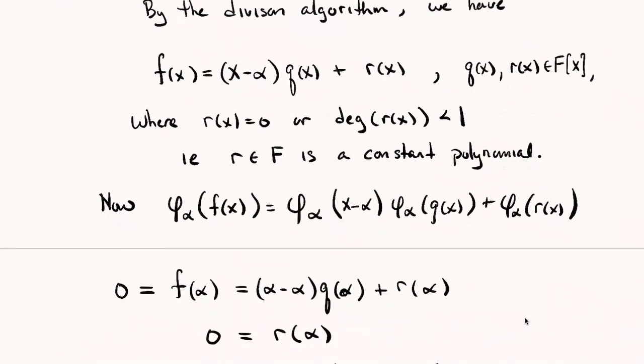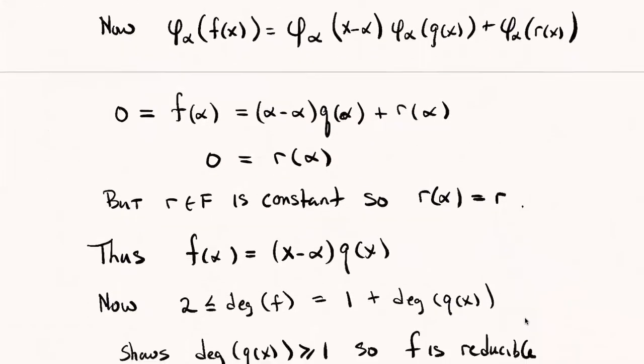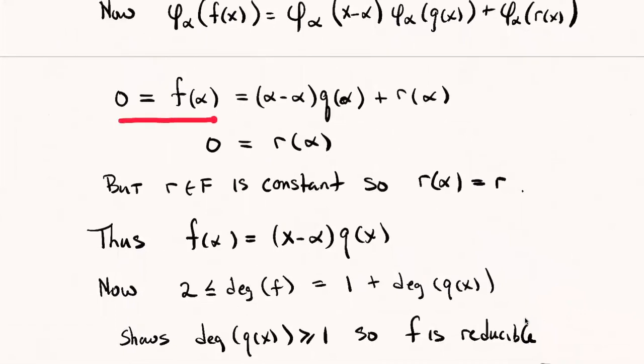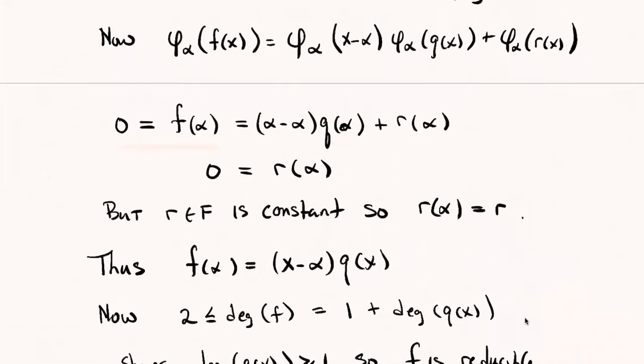Okay, we said that alpha is a zero for f. So f of alpha, phi sub alpha of f, is equal to 0. And then on the right-hand side, the polynomial x minus alpha, when you evaluate that at alpha, you get alpha minus alpha times q of alpha. I don't really care what it is because it's 0 times it, plus this r of alpha.